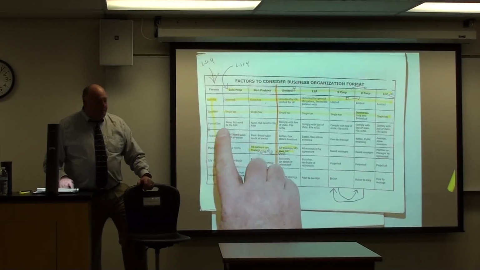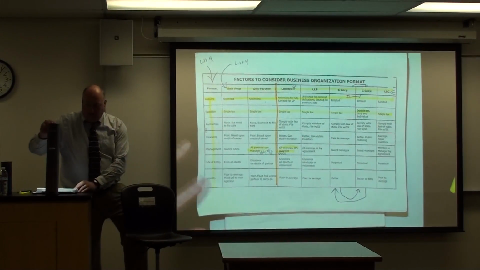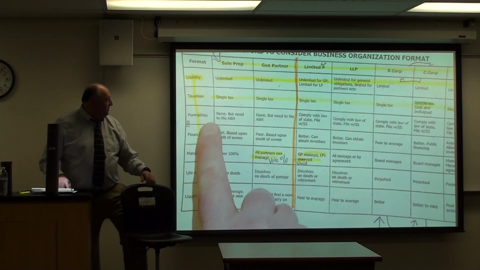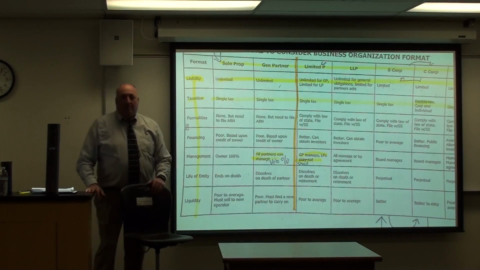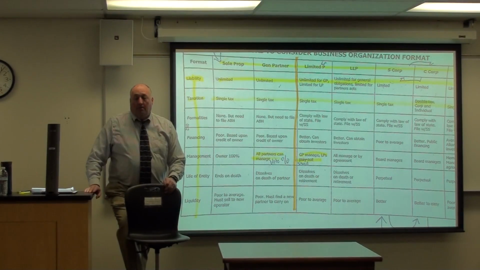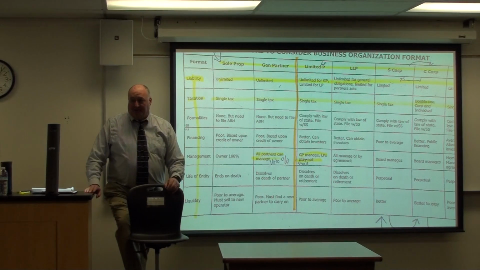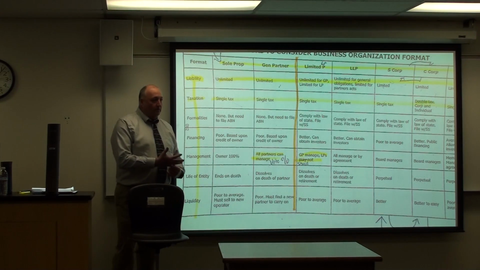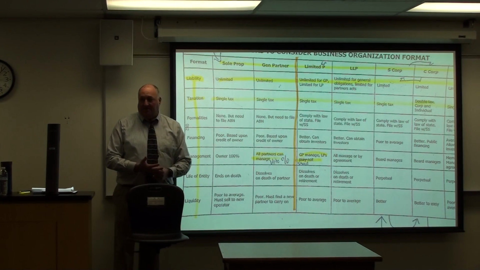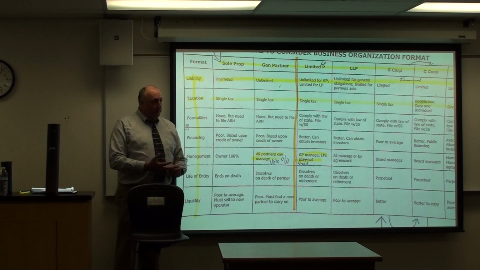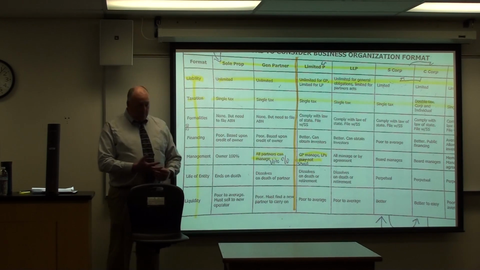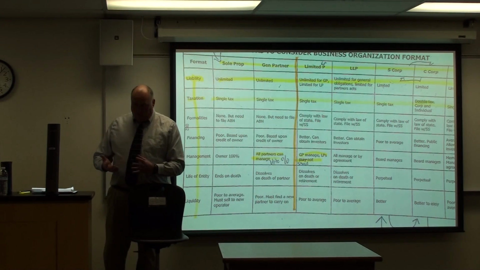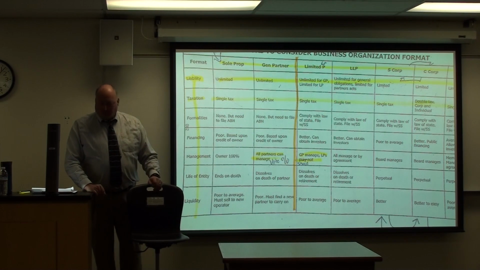Single tax. Now, formality. When I talk about formality, what I'm referring to is what paper do you have to file in order to legally set up your business and keep it operating legally. Now when I say file, I mean with the state of Oregon, or whatever state you're doing business in, federally with the Internal Revenue Service, or other agencies at the federal level.